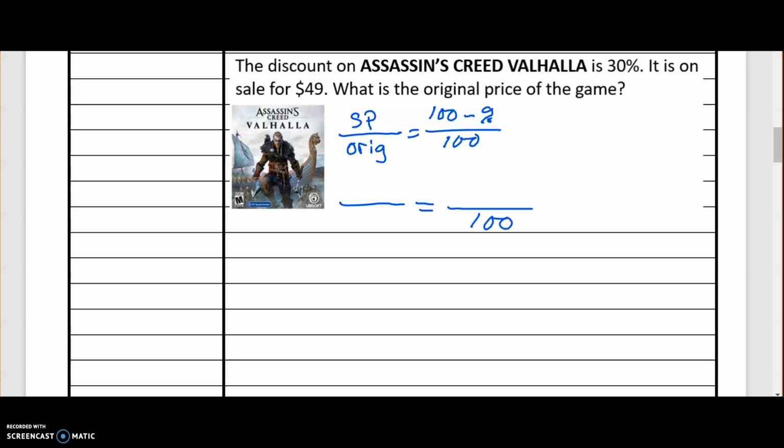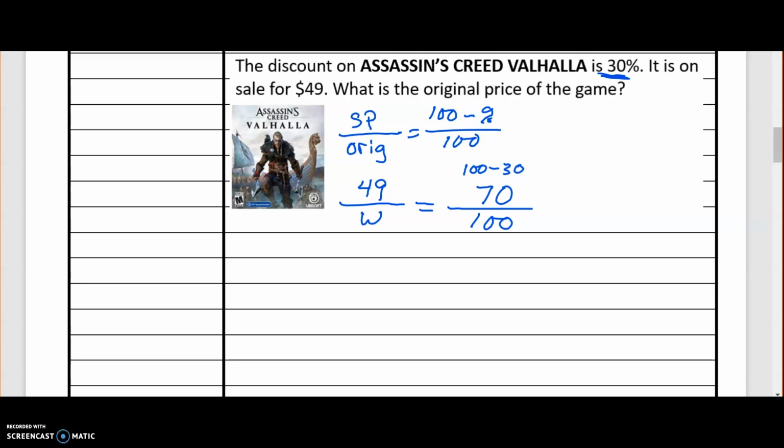Now 30% off. So we're going to go 100 minus 30% because it's 30% off. So you're going to put a 70 over the 100 because you're paying 70% of the cost. The $49, that is the sale price, so it goes on top. So we're going to look for that W.